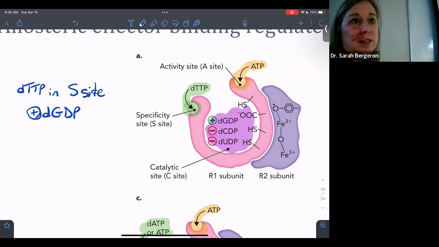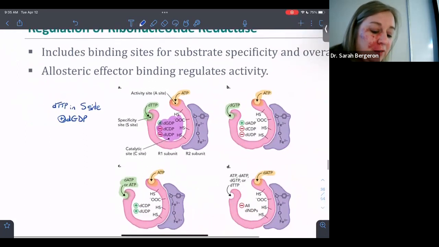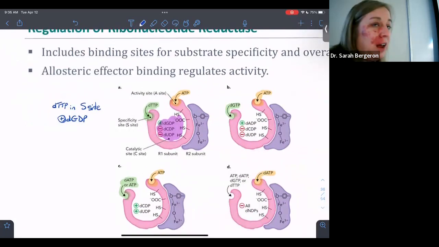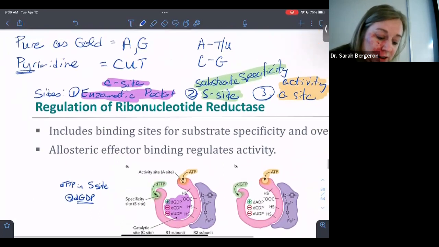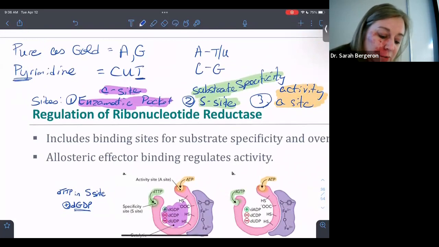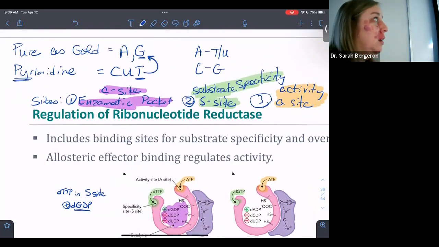Does that make sense? If we have T, we're going to make G. If we have lots of pyrimidine, we're going to make some purine. So we're going to balance purine and pyrimidine.